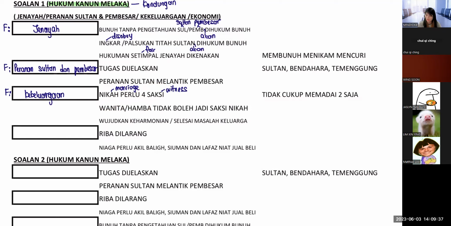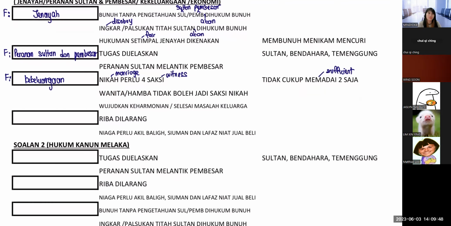Memadai, meaning sufficient. Just 2. Woman or slave cannot become the witness, only men. The purpose of this family law is to provide a harmonious environment and to resolve family issues. So this one is 1 mark, another 1 mark, you can decide whether to remember all.